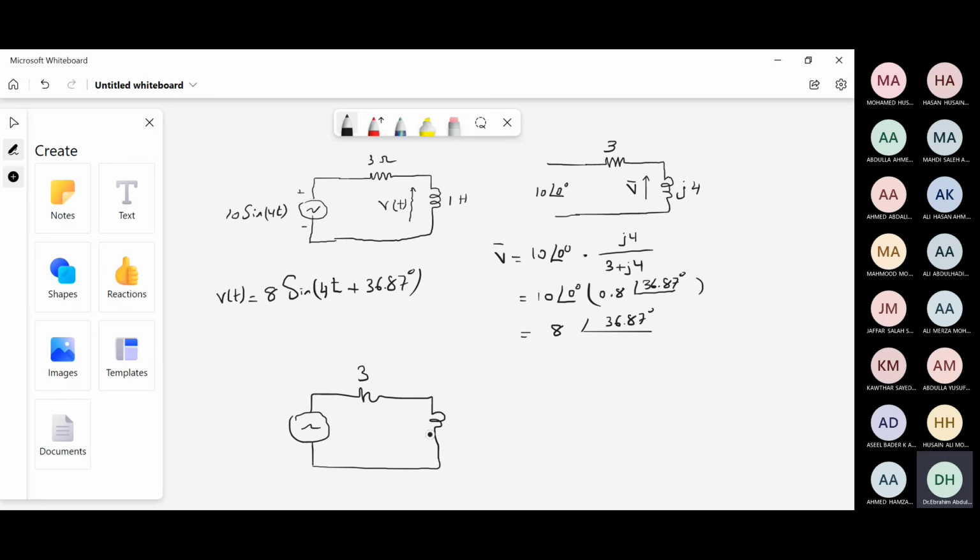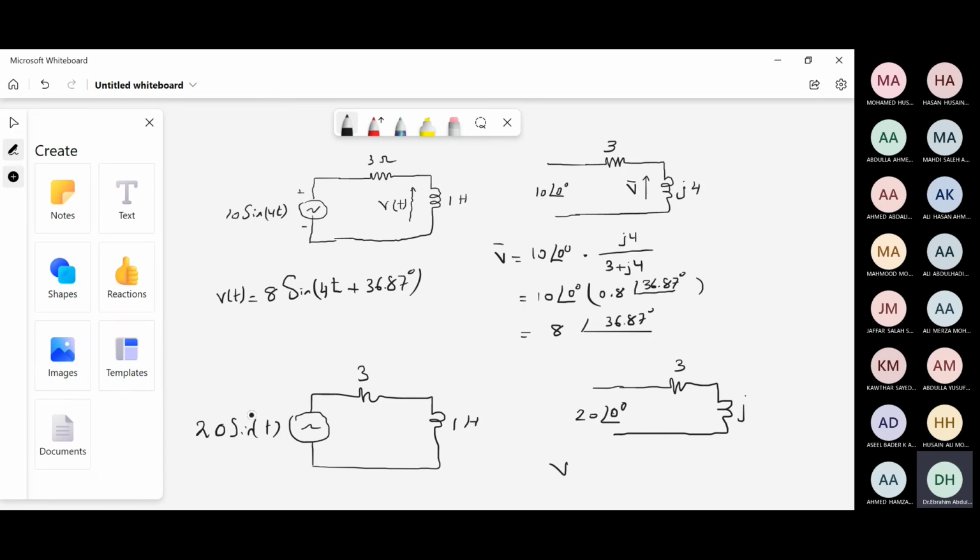Okay, this is again 3, this is 1 Henry, and this one is equal to 20 sine t. Again, I want to find this voltage here. So similarly, we change this one to a phasor circuit. So this is 3, this is j. Now it is 1 multiplied by 1, omega equal to 1, so it is just equal to j. And here we have 20 angle, again I use 0.